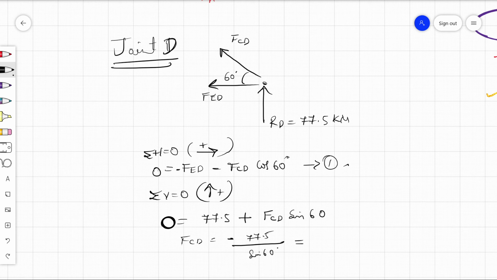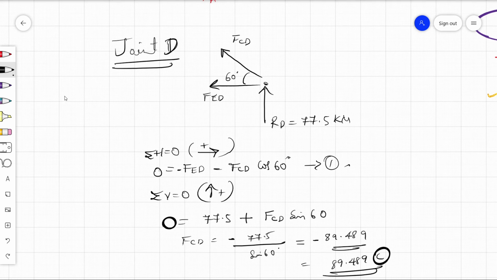That is equal to, how much will it be? 89.489 nearly, which is negative. That means 89.489 in compression. Okay, this is what it is.